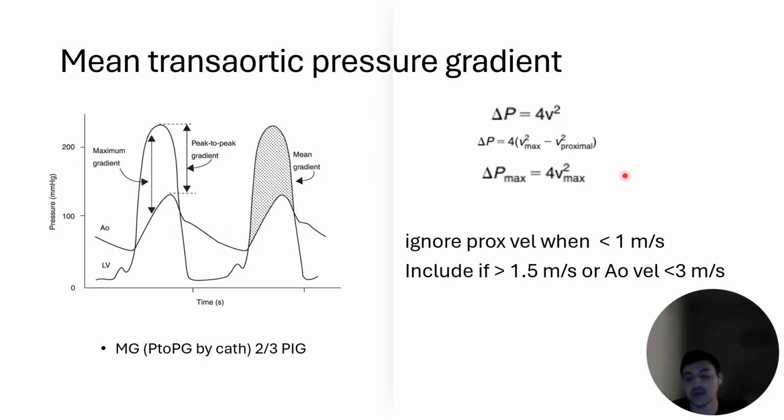For example, you put the pulse wave Doppler in the LVOT, below the aortic valve, and if it's less than 1, you can forget it. But if the proximal velocity is more than 1.5 and the aortic velocity is less than 3, you have to consider using the more extended version of the Bernoulli equation to calculate the mean gradient.